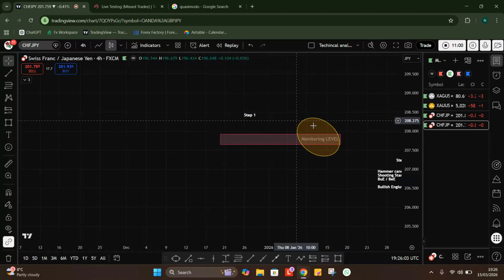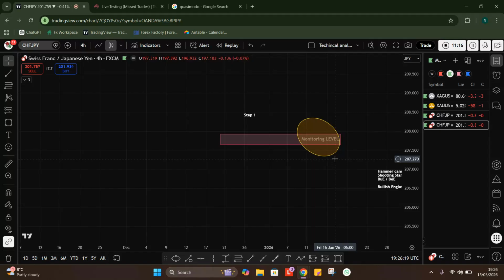So I started calling a supply or demand zone, or a support or resistance zone, or a double Marubozu zone if you use these as well, I use all four or five, a monitoring level, or a higher time frame POI.